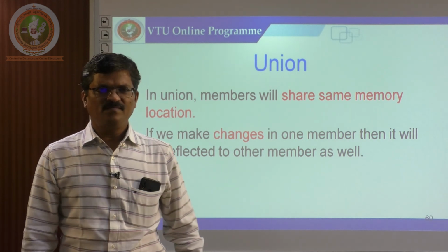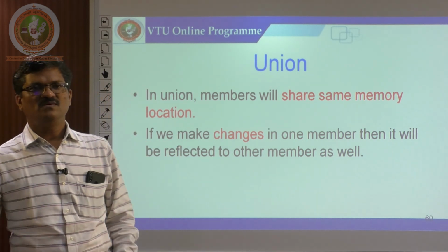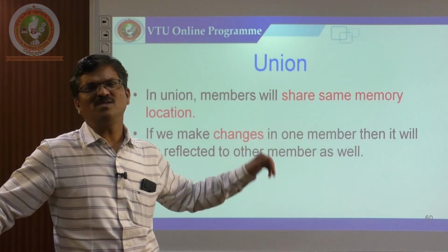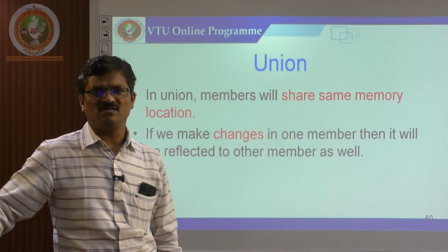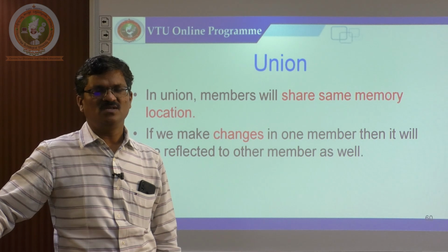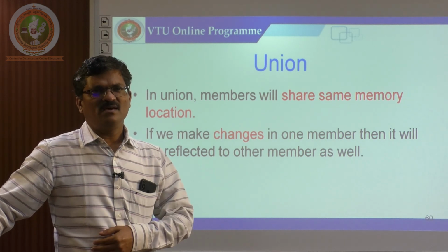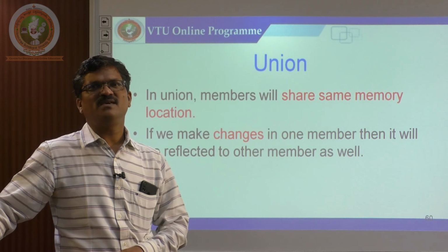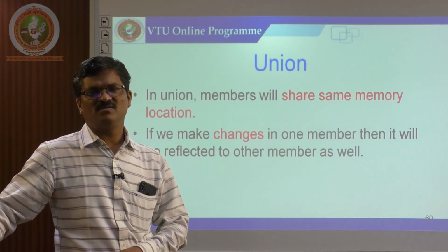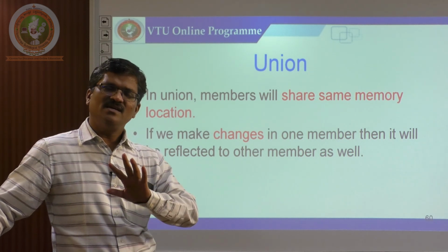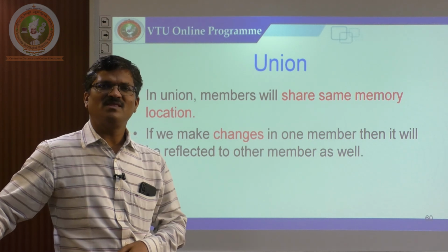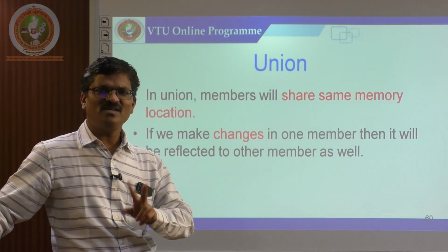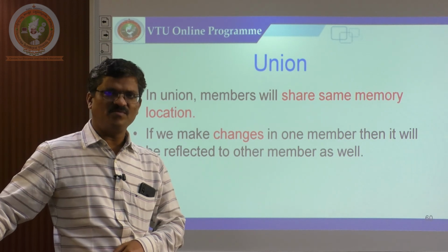So, in a union we can observe that members share the same memory location. Because of that, if you make changes to the value of any union member, it will have an effect on the value of the other member as well, because they share the common memory location.